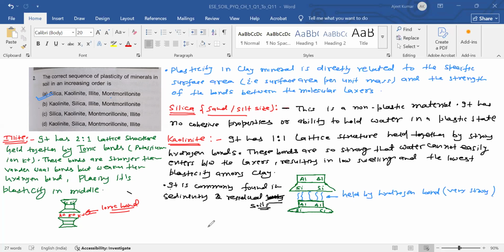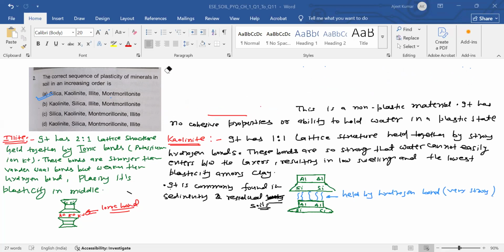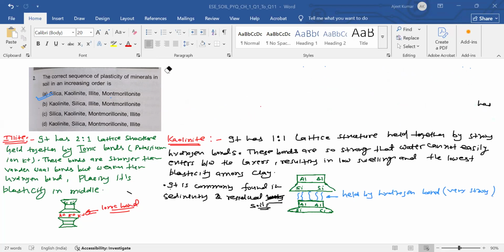Let me clean this one. Montmorillonite. Okay.